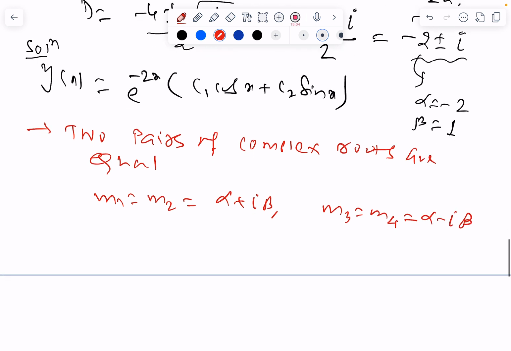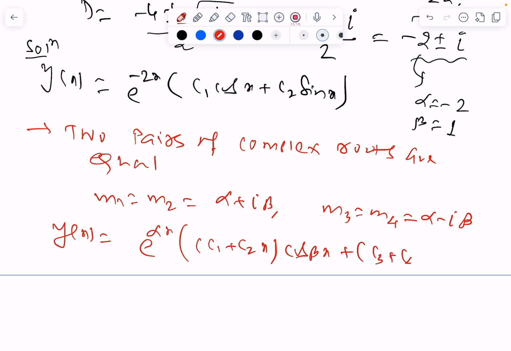Then the solution you write in this way: e power alpha x times (c1 plus c2x) cosine beta x plus (c3 plus c4x) sine beta x, like this.